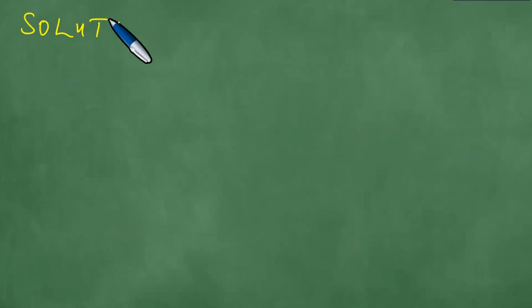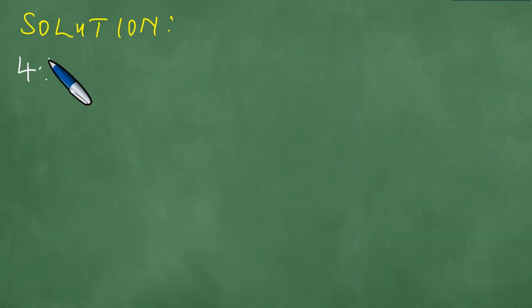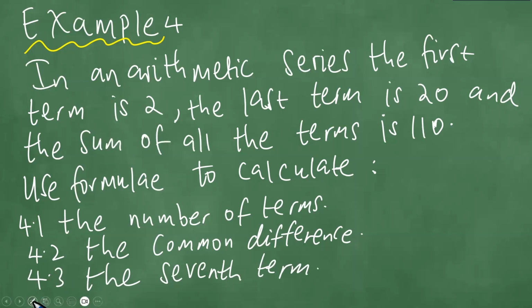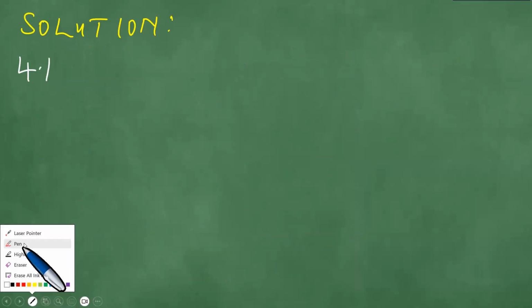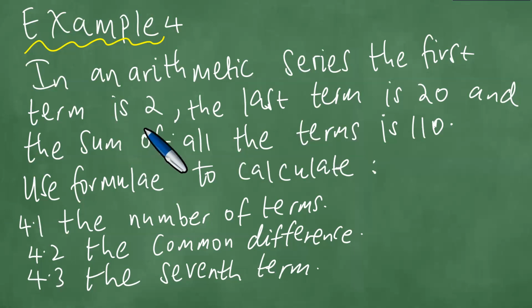Solution. Let's look at 4.1. Here, in an arithmetic series, the first term is 2 and the last term is 20, and the sum of all the terms is 110.